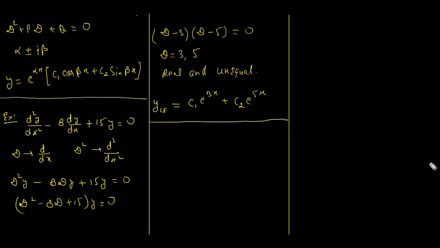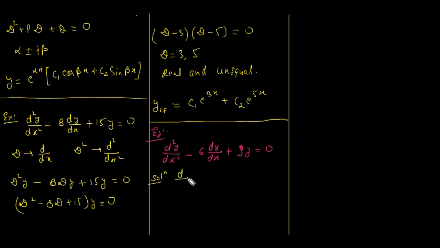Let's have another example. d2y by dx square minus 6 dy by dx plus 9y is equal to 0. Solution.